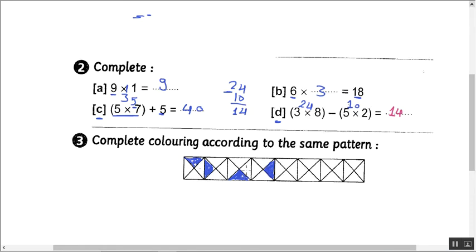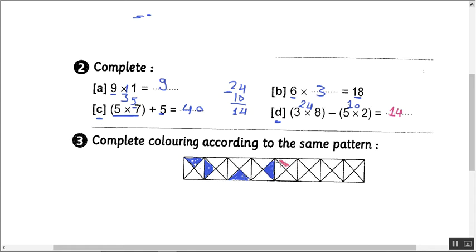Where is the next pattern? Here 1 2 3 4. Here up, left, down, right. We can say up, left, down, right.